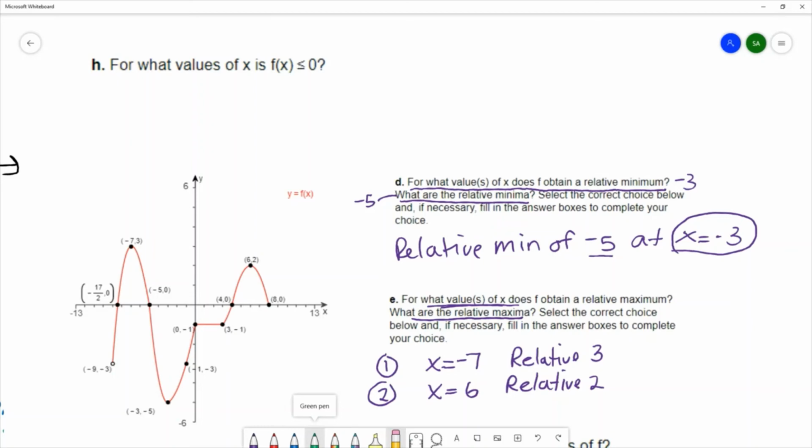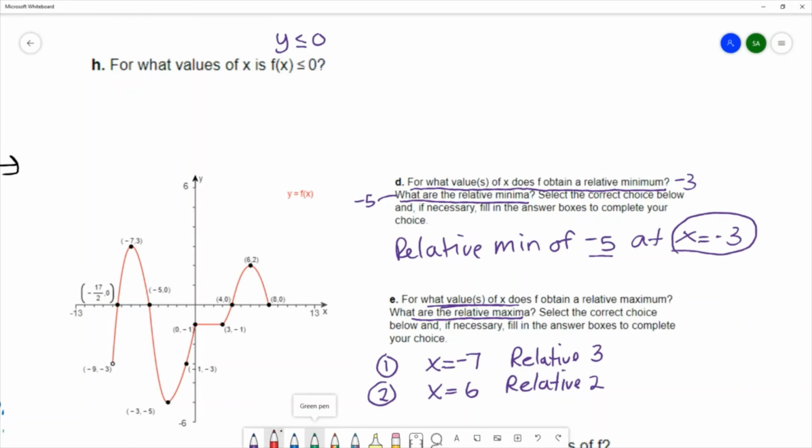On this part, it says, for what values of x is f of x less than or equal to 0? So f of x is the same thing as y. So this is saying for what values of x is y less than or equal to 0? When we look at our picture, we can identify three sections that we want to pay attention to.